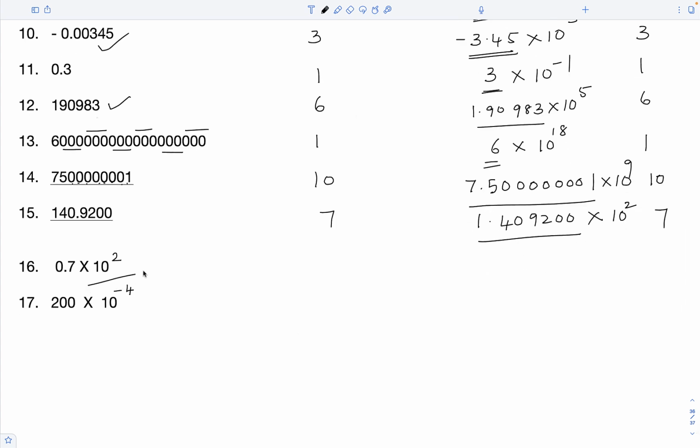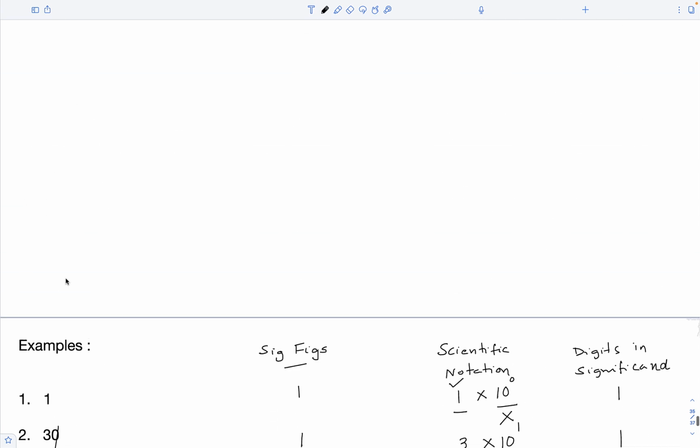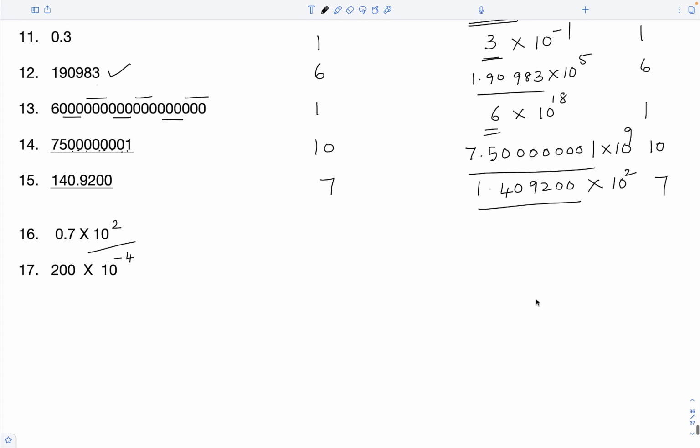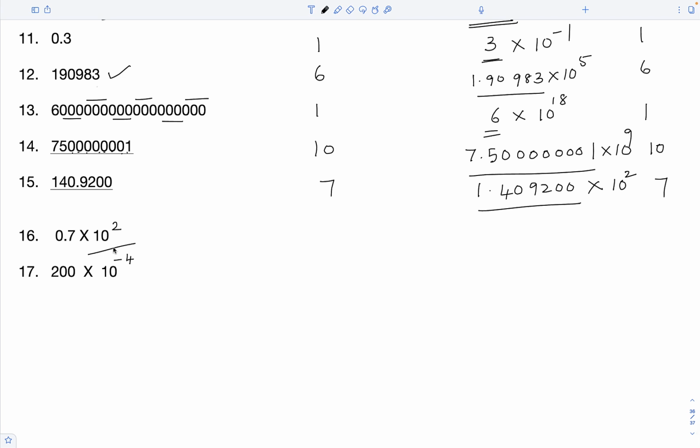This measurement looks as if it is already in scientific notation, but it is not. See, the magnitude of this term is less than 1, but for it to be in scientific notation, the magnitude has to be between 1 and 10. So this is not in scientific notation.